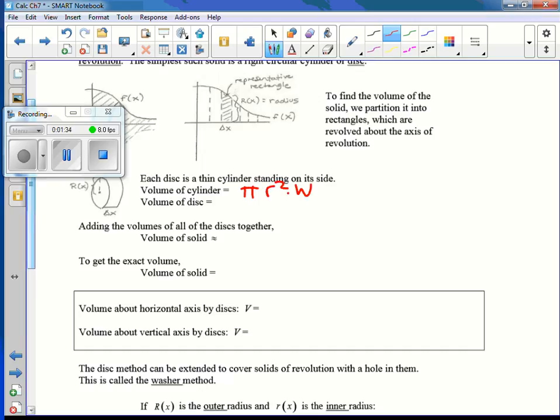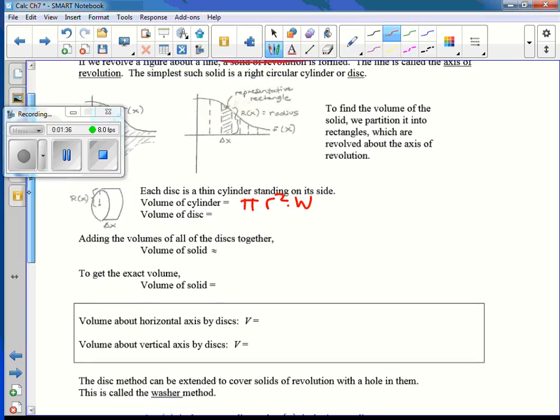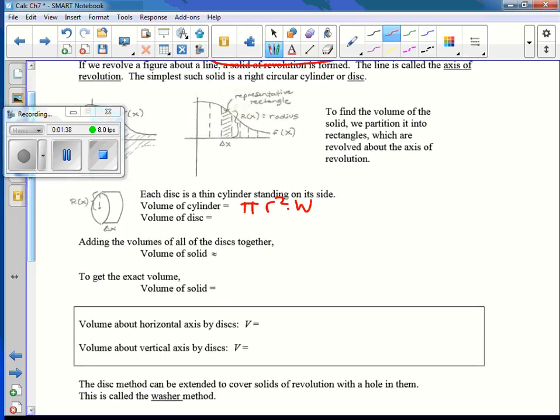But if we update this with the calculus version of a disk, it's pi times the radius, and the radius is measured right here by whatever the function is. So here's the radius, which is now represented by a function called r of x, and that's squared, and then its width instead of w is now delta x. That gives you the volume of a disk.